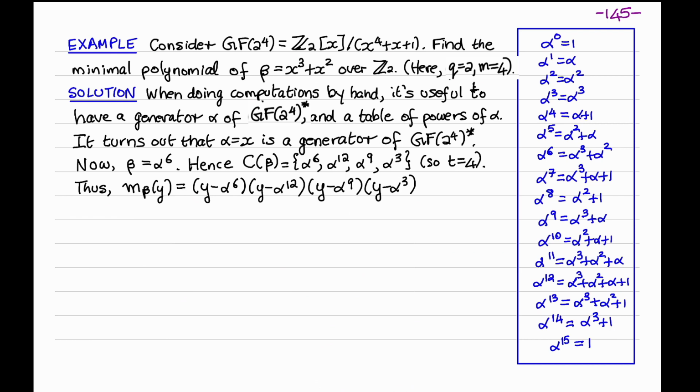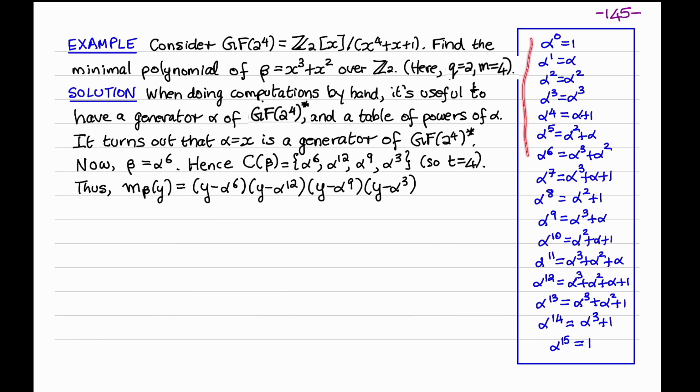When calculating minimal polynomials by hand, it will be useful to have a generator alpha of the multiplicative group of GF(2 to the 4), and also a table of powers of alpha. It turns out that alpha equals x is a generator of the multiplicative group of GF(2 to the 4), as we saw in previous lectures.